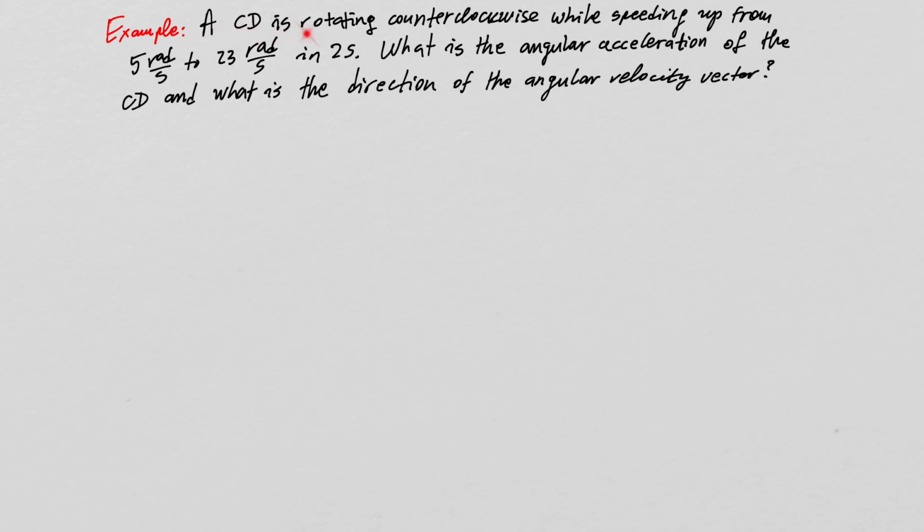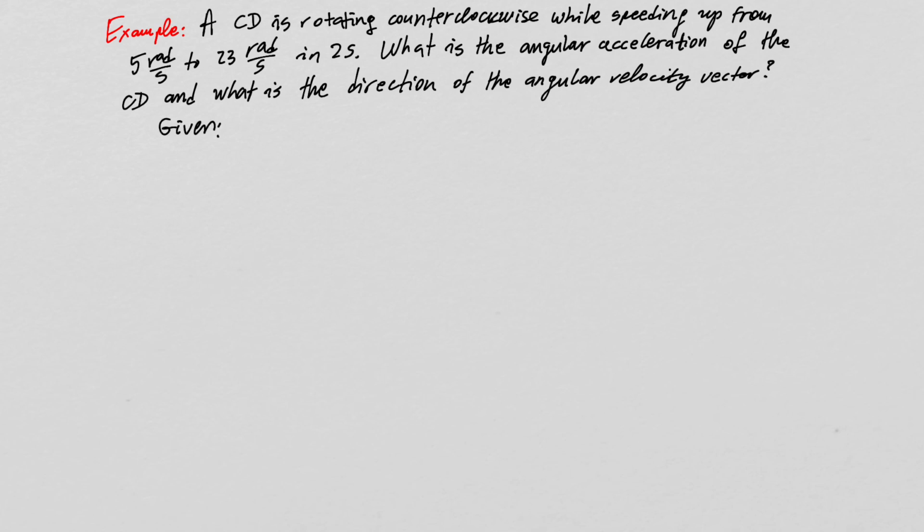A CD is rotating counterclockwise while speeding up from 5 radians per second to 23 radians per second in 2 seconds. What is the angular acceleration of the CD and what is the direction of the angular velocity vector? So, let's see what information we know.